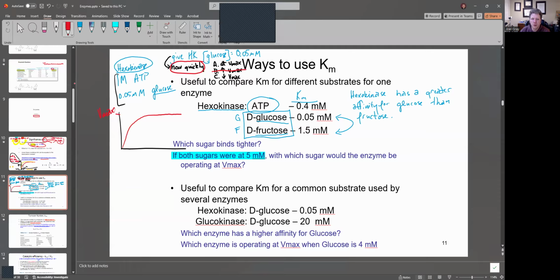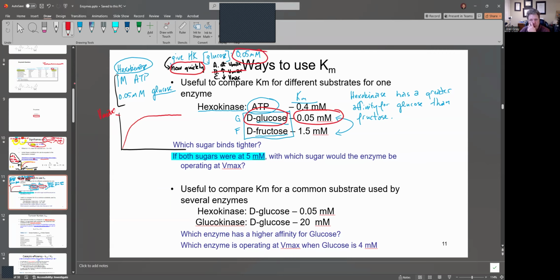That's awesome. So what we want to do with this is look back. We have our Km for glucose, 0.05 millimolar. How much glucose did we give hexokinase? 0.05 millimolar.